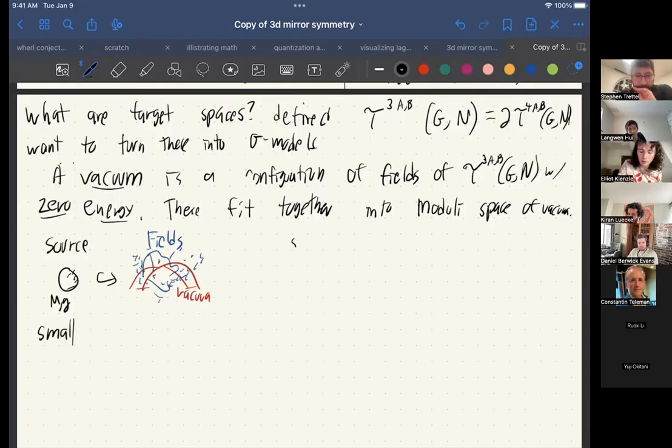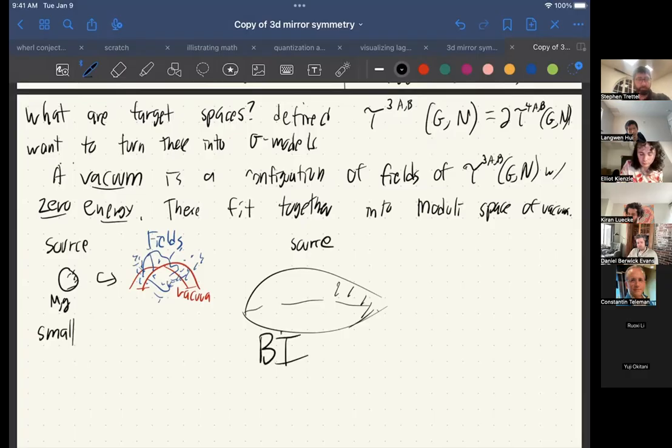So if instead we have a really big source, is math small or big? Who can say? If we have a really big source, then when this embeds in the space of fields, it really can't leave the space of fields with zero energy at all.